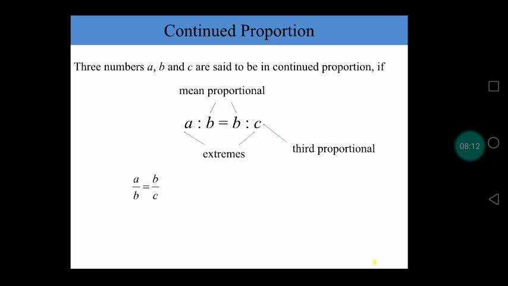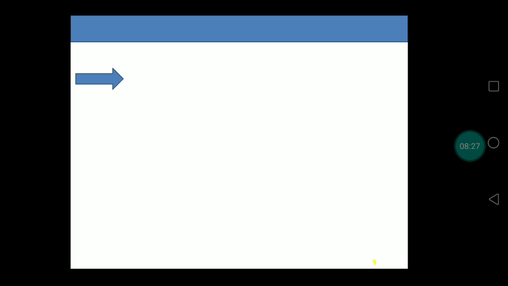That is called a continued proportion. A divided by B is equal to B divided by C. You can also write it this way: A into C equals B square.